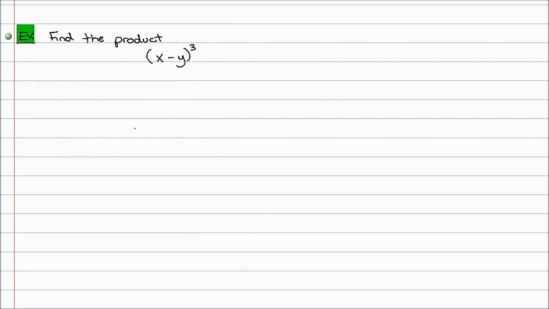Now, in order to introduce the idea of factoring the sum and difference of cubes, I'm actually going to start off with cubing something first, and we're going to discover what this cube turns into, and then we'll learn a little bit more about multiplying two special polynomials together. But first, let's start with this.